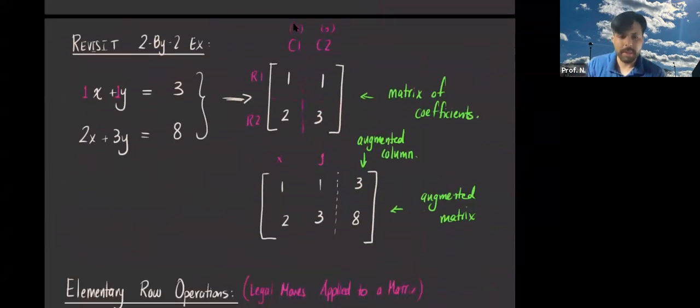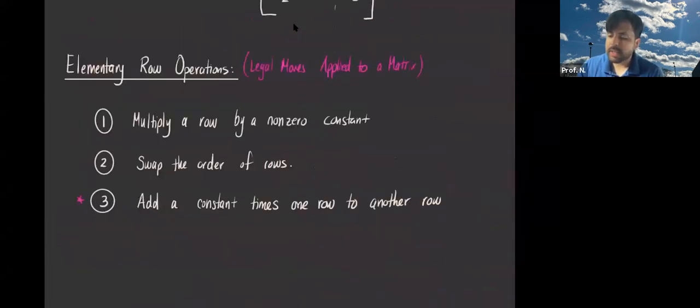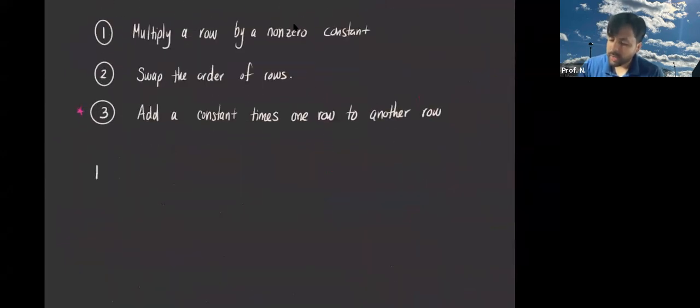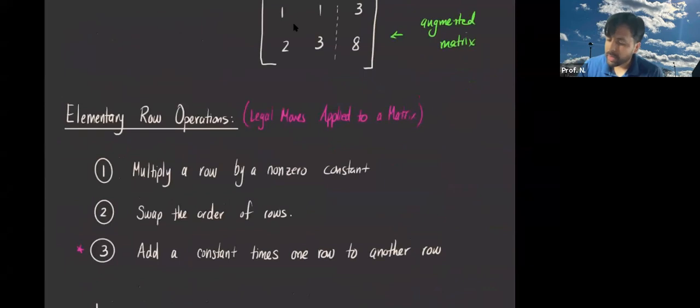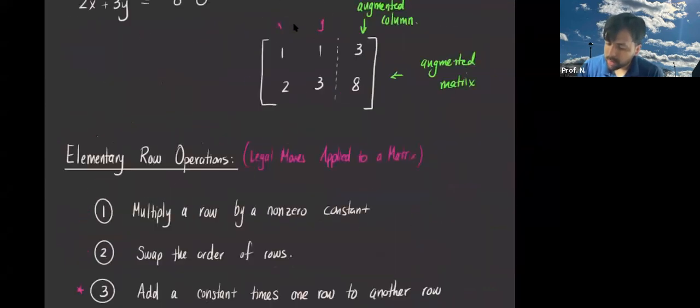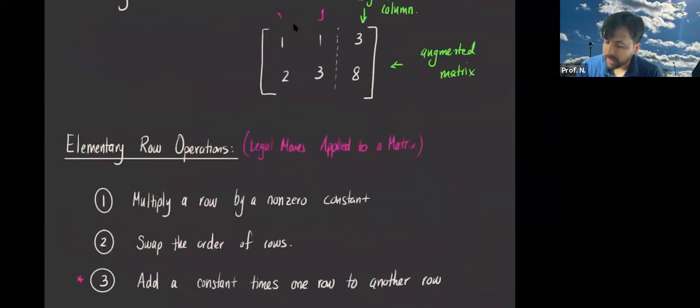And I'm going to take you step by step. So we're going to take this row: 1, 1, 3, 2, 3, 8. Okay. So again, I'm going to write this out.